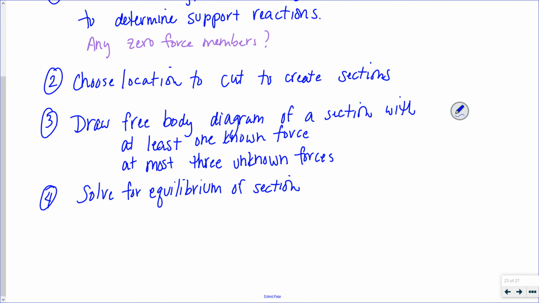If you have any concurrent forces, take the moment about that point so that you can eliminate them when you're taking some of your moments.